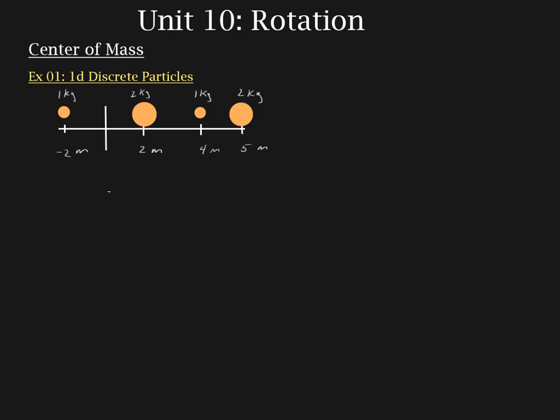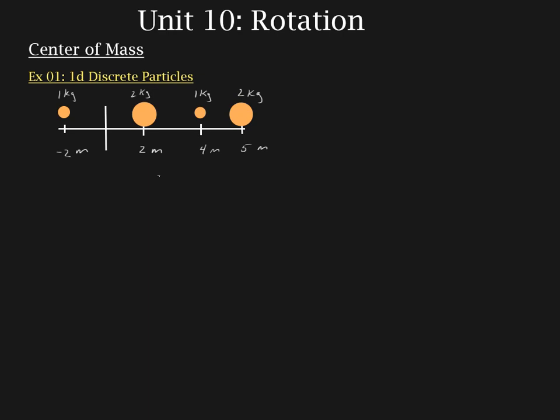Okay, so in our first example, pretty straightforward. We have 4 particles, and the center of mass, if we just try to reason this out a little bit, there is no particular symmetry going on here, so we can't just say, aha, this is the point where the center of mass is located.